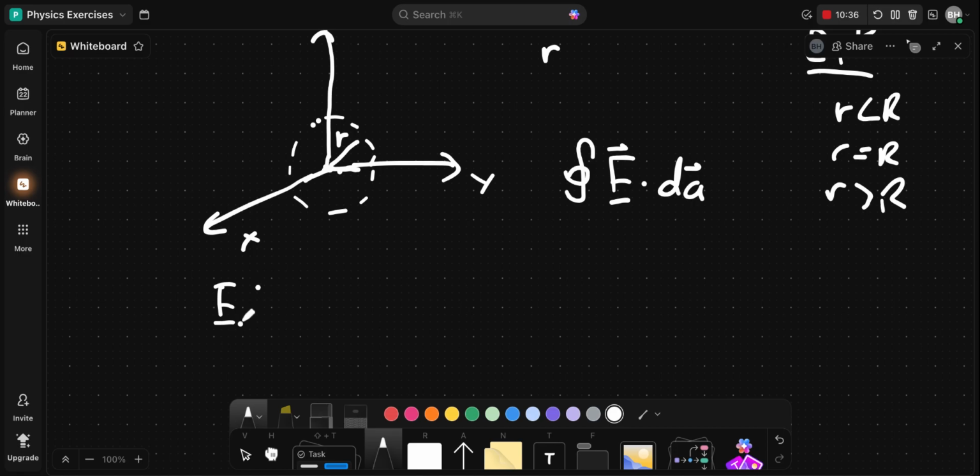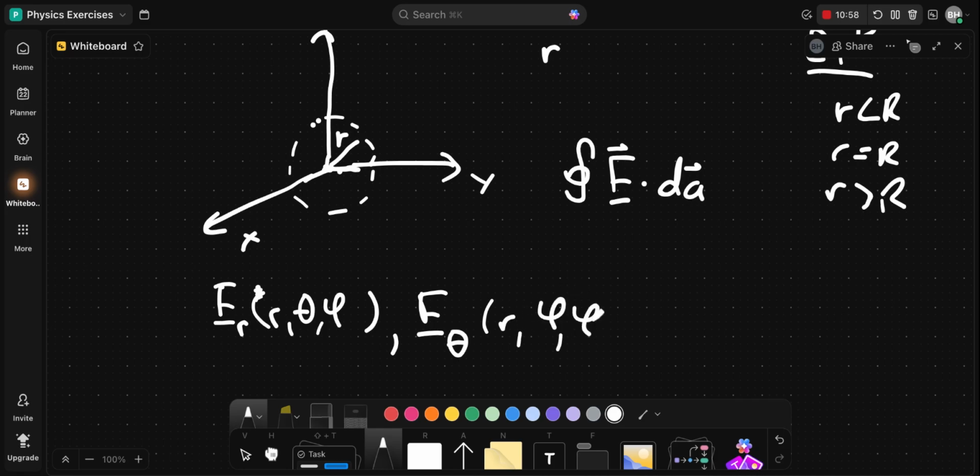So I'm going to write the three components as Er, E theta, and E phi, and they could depend on r, theta, and phi.